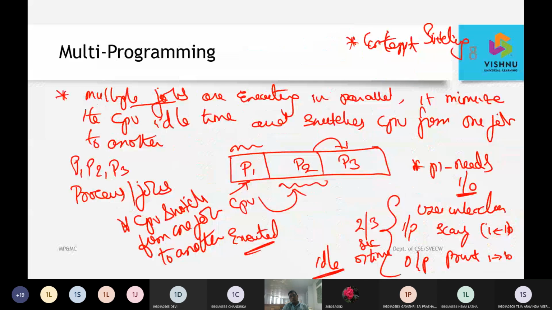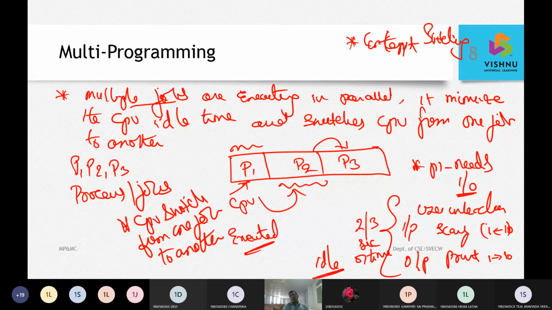In order to remove this idleness, we move to the multiprogramming concept, where multiple jobs are executed simultaneously.